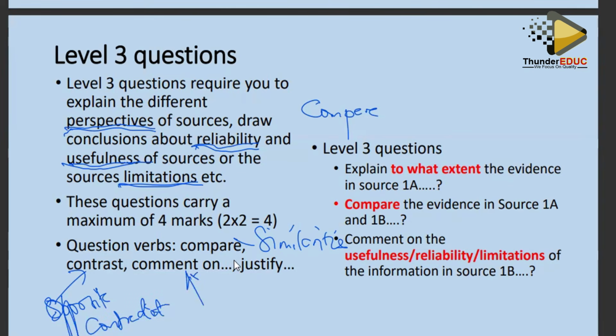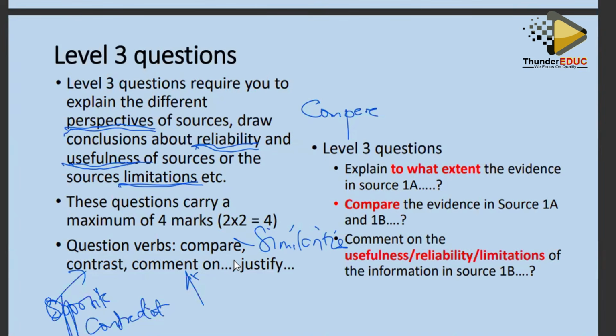You are giving the deeper meaning of what is portrayed in that particular source. Comment on the statement. What does that statement mean in the historical perspective of that particular event? And then justify, give reasons for that particular event. And basically, that is how we tend to get the level 3 questions.